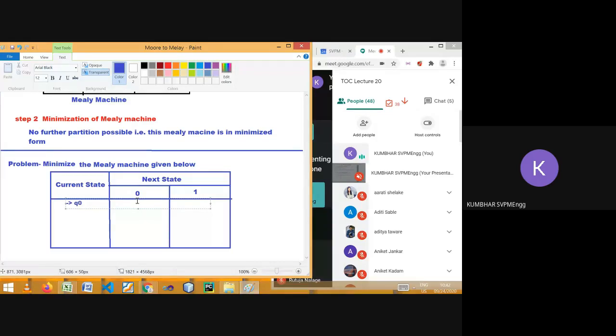So first state is Q0. Q0 on 0 goes to Q4 and produces output 0. Q0 on 1 goes to Q3 and produces output 1. Now next, Q1 on 0 goes to Q5 and produces output 0, and on 1 it goes to Q3 and produces output 0.